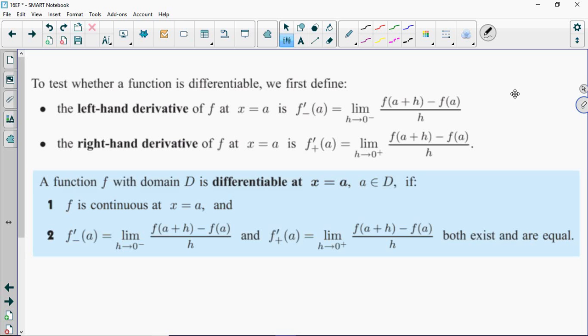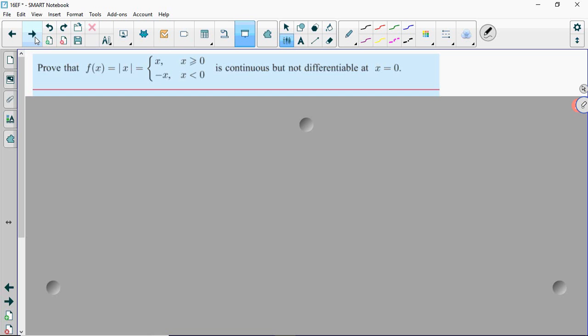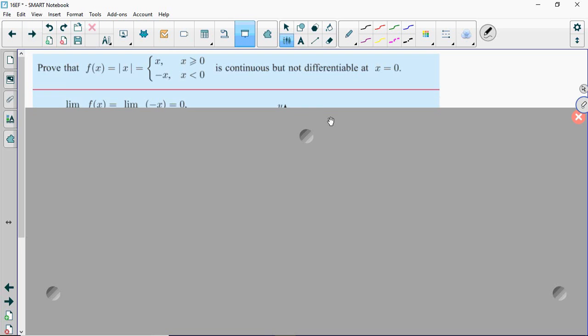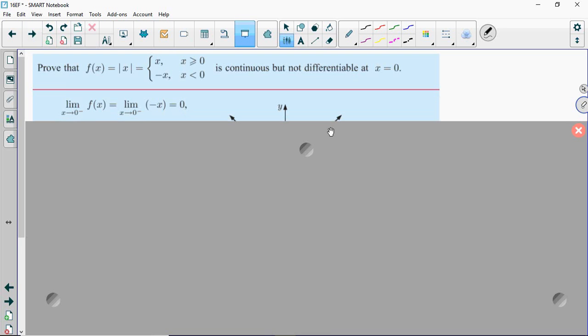So let's look at a couple of examples. The first one's out of the textbook, so we'll see this notation being used, and then I'll kind of do some other stuff my way, and hopefully we'll get a good sense of what's going on. So here's the absolute value of x, and we're going to prove that it's continuous but not differentiable at x equals 0. So continuity, we're going to show that the limit as we approach from the left is the same as the limit as we approach from the right.